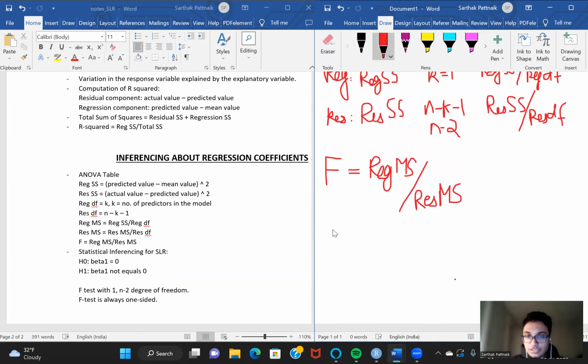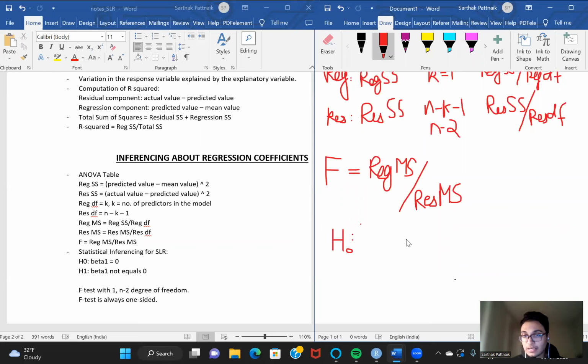So my null hypothesis here is going to be, so basically what we need to find evidence for is there is a linear association between my independent and my dependent variable. Okay.